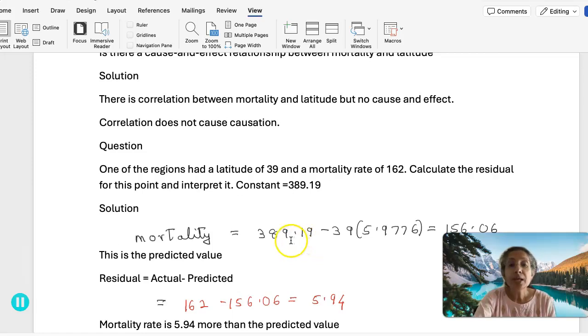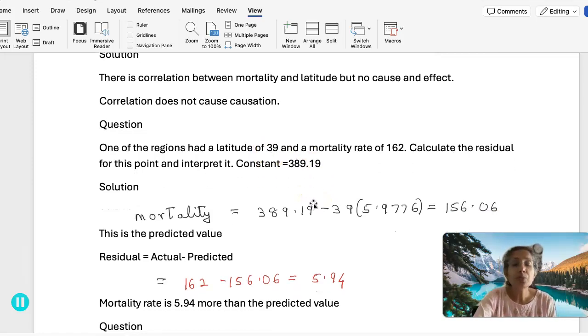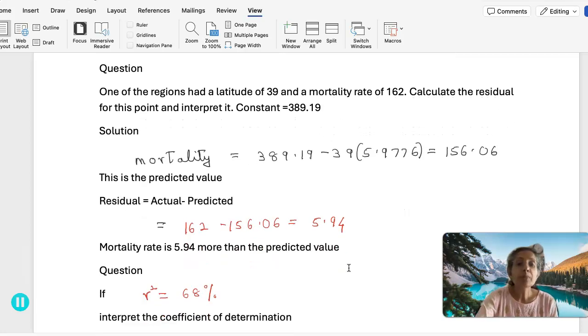So it will be 389.19 minus 5.9776 times 39, which is 156.06. This is the predicted value. The actual value is 162. So residual is actual minus predicted, that is 162 minus 156.06, which is 5.94. That means the mortality rate is 5.94 more than the predicted rate.